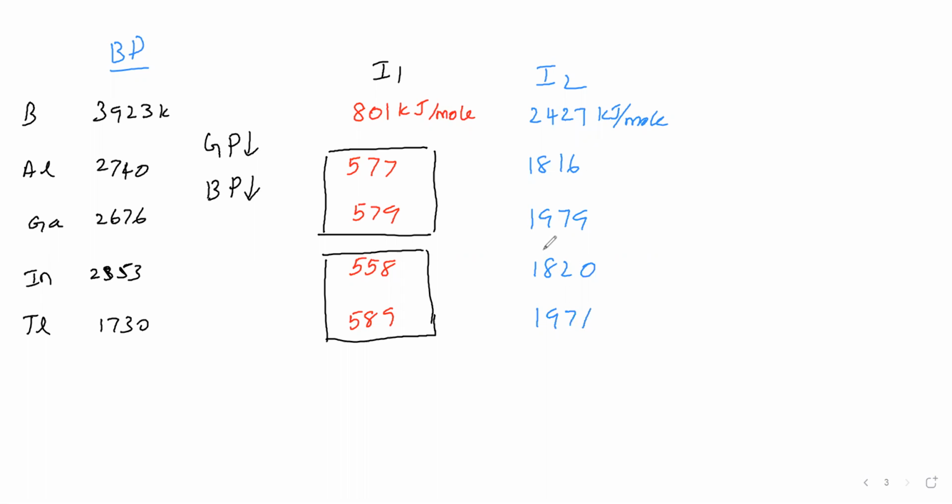Down the group, what happens to the second? Boron to aluminum decreases. Gallium to indium decreases. Is there any exceptional behavior? Yes. Aluminum to gallium increases, because in gallium 3d10 shows poor screening effect.